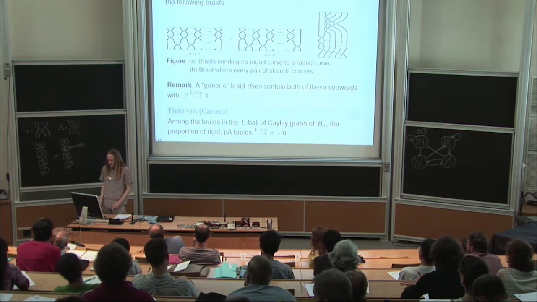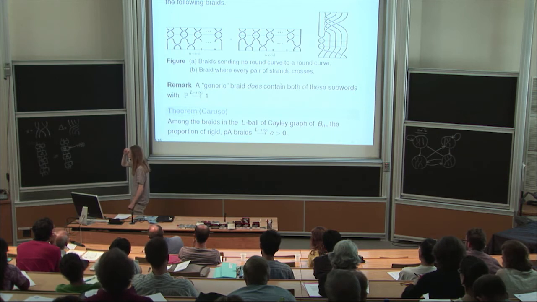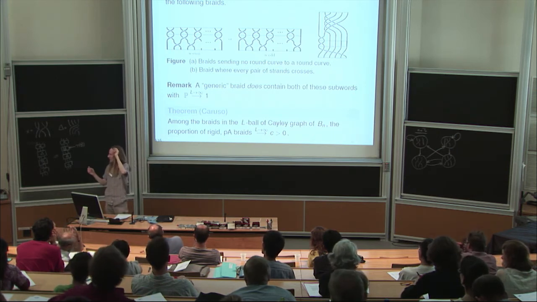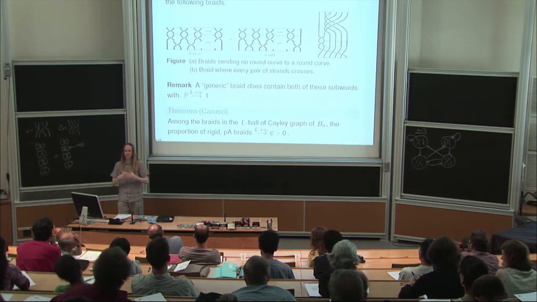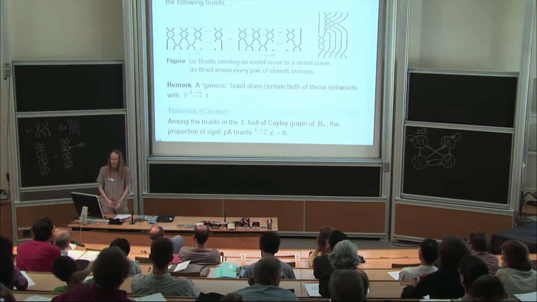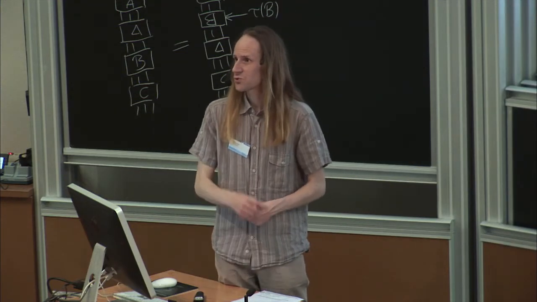So, the probability that a long braid is rigid is some strictly positive number, and among the rigid braids, the probability that it will not be reducible tends to 1.